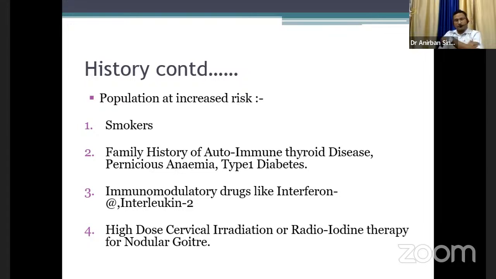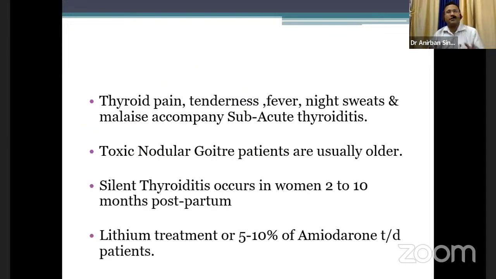Thyrotoxicosis in these patients: first the thyroid is damaged or destroyed, then hypothyroidism, and it can be thyrotoxicosis. Usually the patient initially has features of acute thyroiditis, like thyroid tenderness, but it is usually self-resolving.